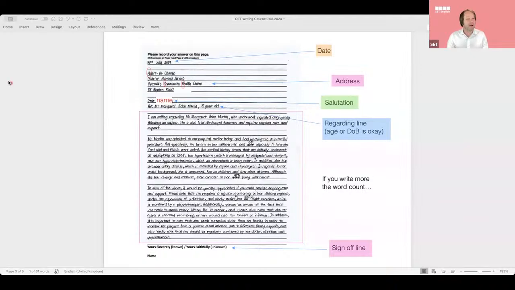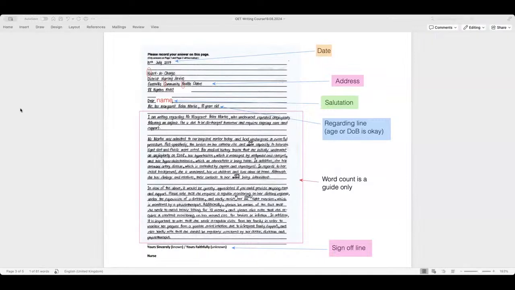The word count is a guide only. What does that mean, guys? A kind of direction. A suggestion?